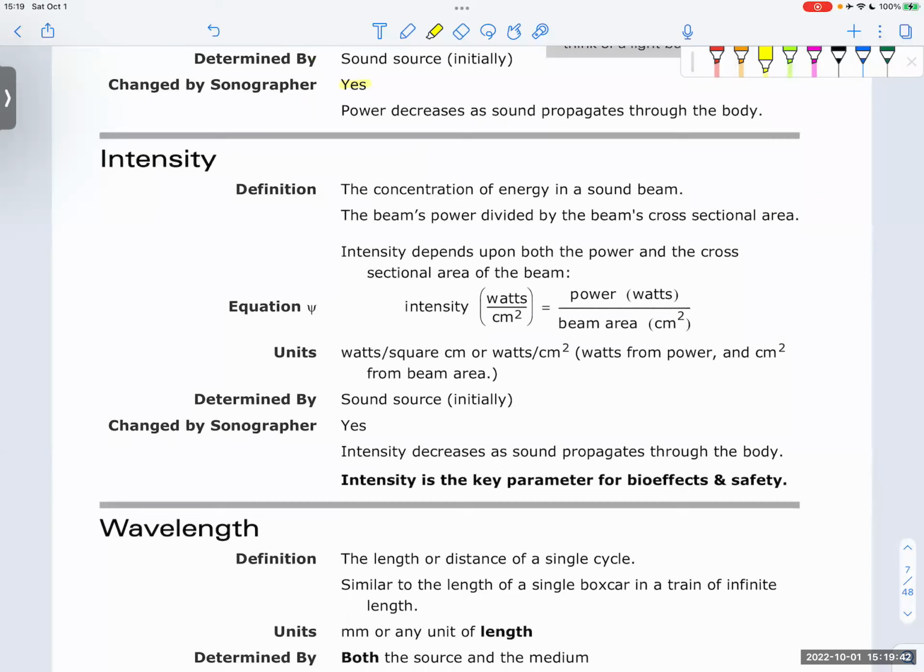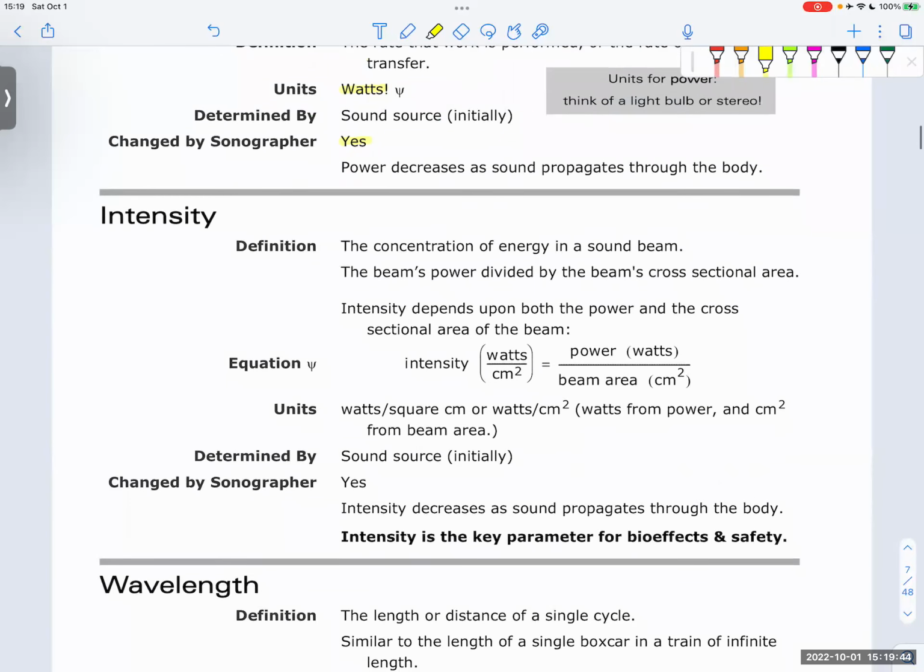Now we move to intensity, which is one of the parameters we use to describe an ultrasound wave. Intensity is defined as the concentration of energy in that sound beam, meaning if we give that power over a surface, how much power we give in that surface.